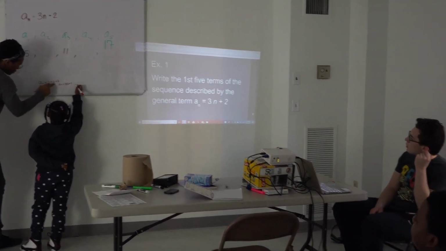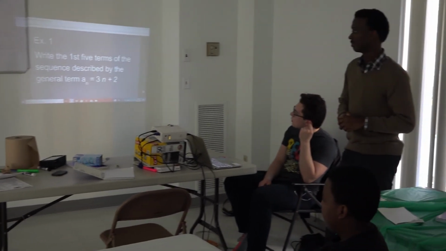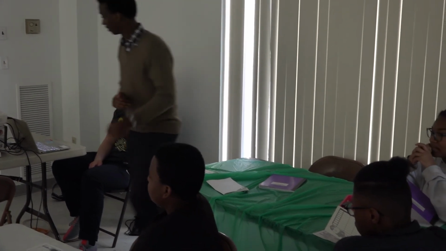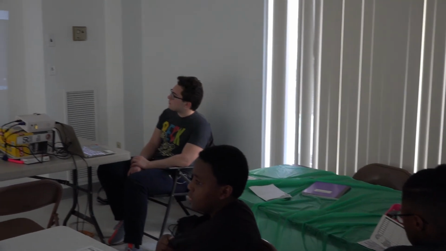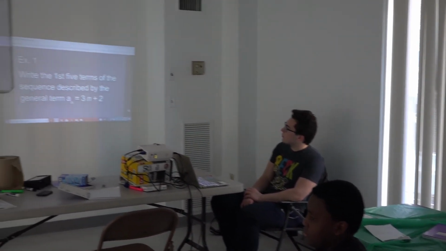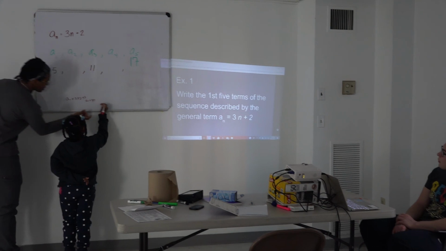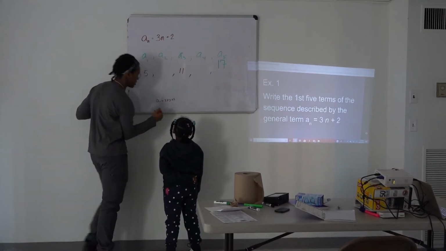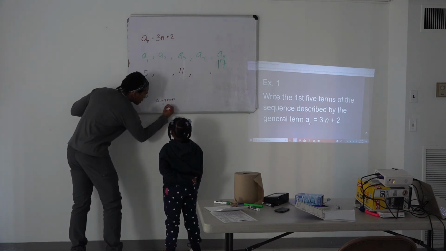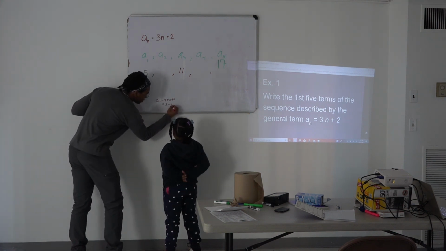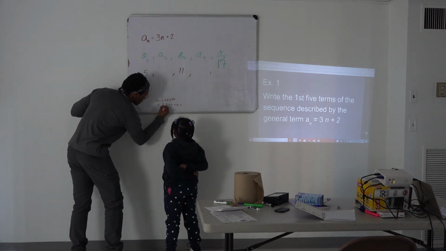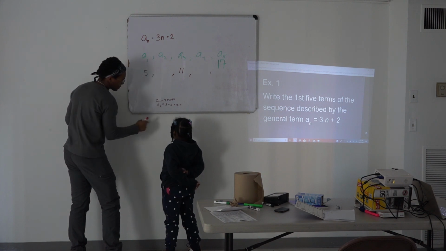So what is the 3 times 2 by itself? Let's do this. You got 3 times 2 plus 2. And you can rewrite that as 3 plus 3 plus 2. That equals the same thing. Then I'll solve this one.